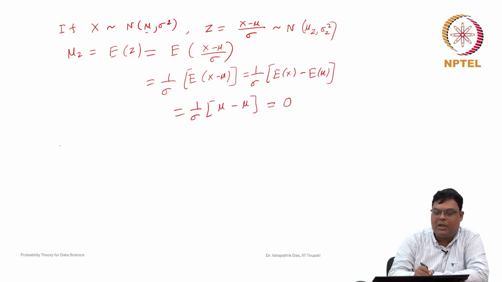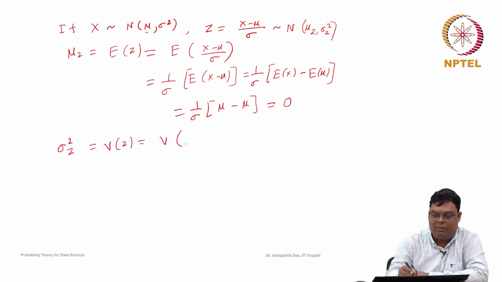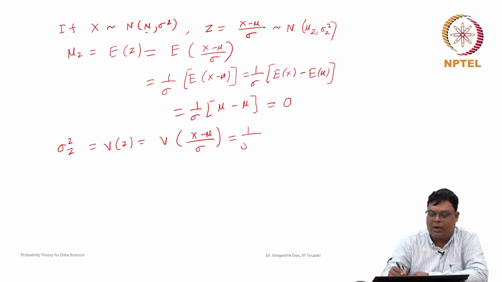Now, what will be sigma square z, the variance of z? This is the variance of (x minus mu) by sigma. Now, sigma is a constant, so we have already discussed that it will be 1 by sigma square times the variance of x minus mu.